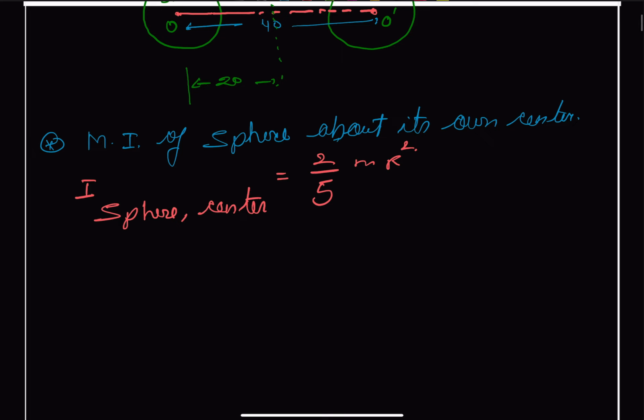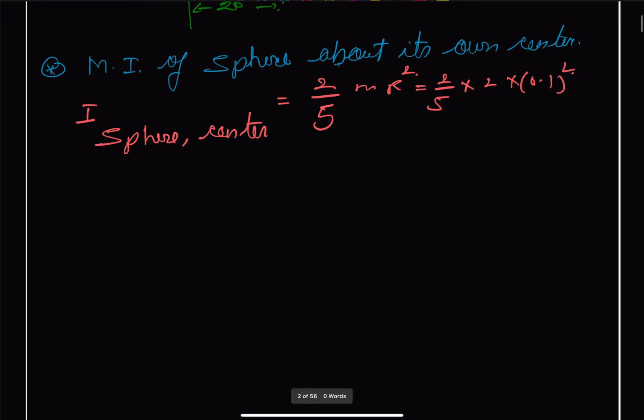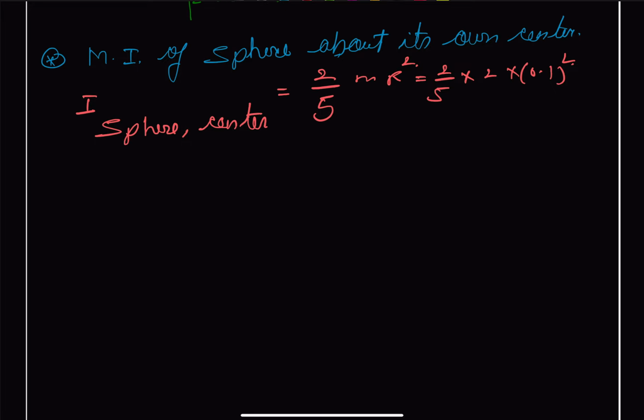So we simply substitute the values. This comes as 2 by 5, mass is 2, and radius is 0.1 whole square. So we get the sphere's moment of inertia about its center equal to 0.008 kg meter square.